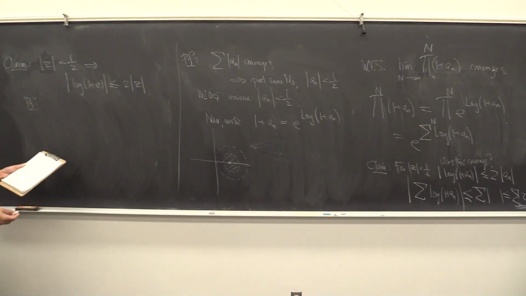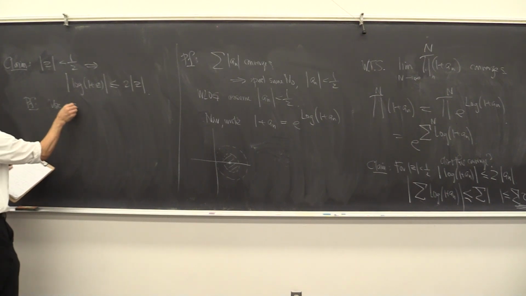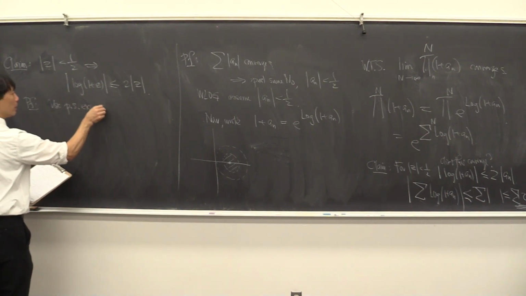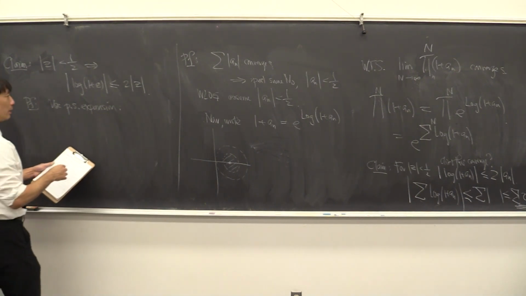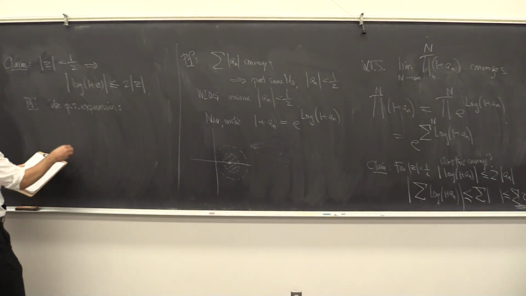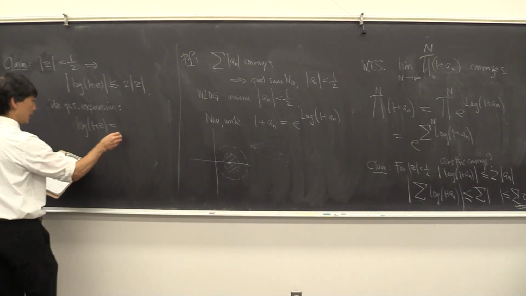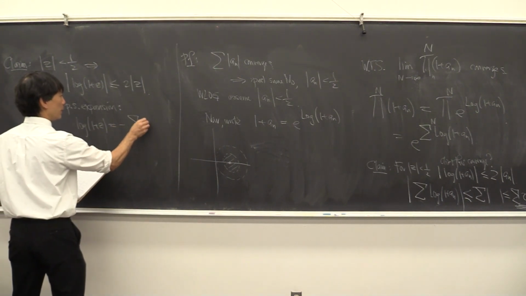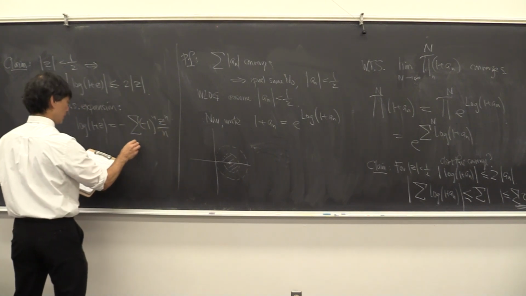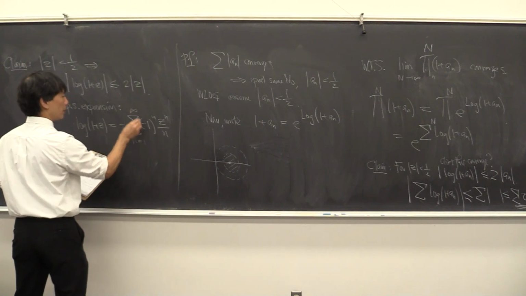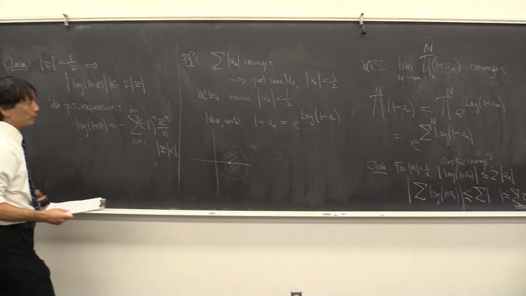Okay, so this is just using the power series. We use the power series expansion that we mentioned way back when we were talking about the principal log: log of 1 plus z is the same thing as negative the summation of (-1)^n z^n over n, as n goes from 1 to infinity. And this is valid in the unit circle.